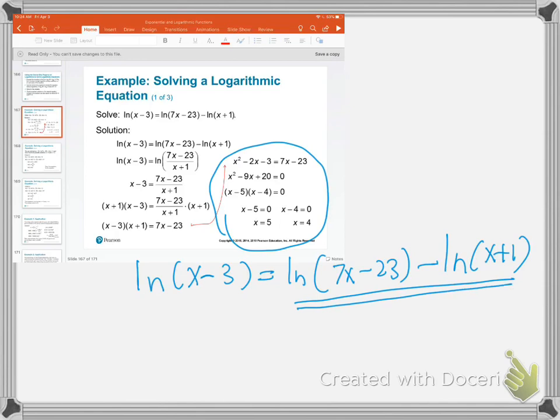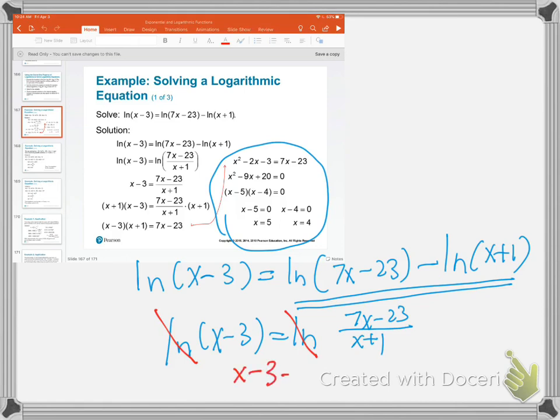This is a subtraction, so we get the quotient: ln(x minus 3) is ln of (7x minus 23) divided by (x plus 1). Now, by using the one-to-one property, we can drop the log and get a new equation without log: x minus 3 is (7x minus 23) over (x plus 1).